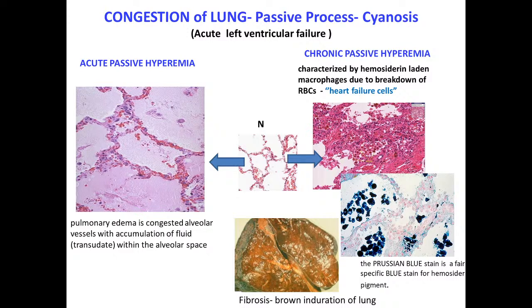Acute passive hyperemia: in acute left ventricular failure, the resulting pulmonary venous engorgement leads to pulmonary edema, or the accumulation of fluid transudate within the alveolar space.